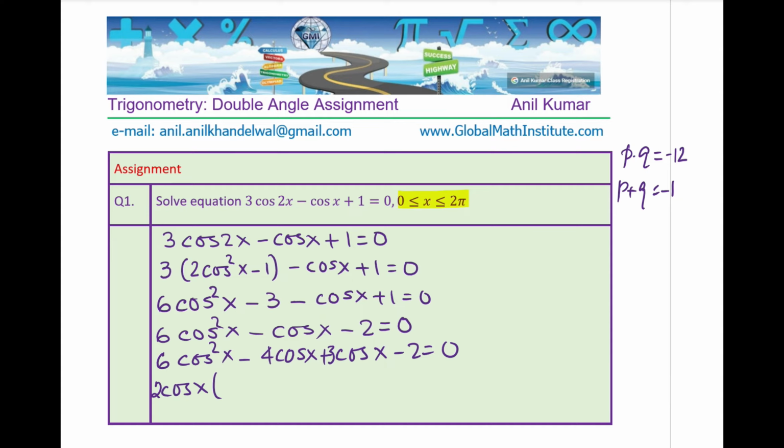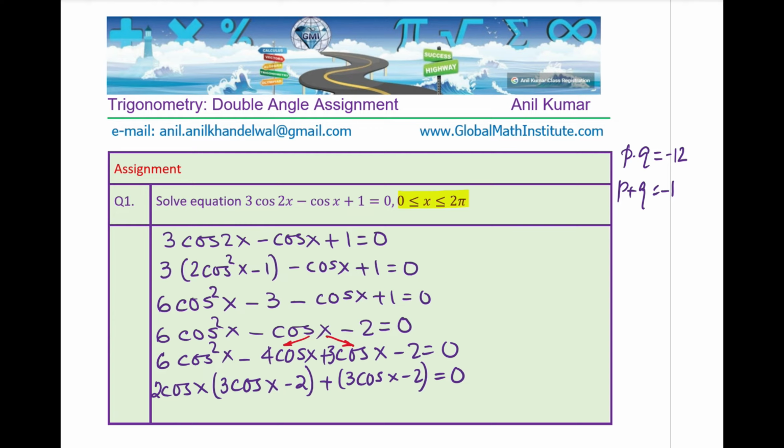Sorry. 4 plus 3 cos x minus 2. So from here, we get 3 cos x minus 2. And here we already have 3 cos x minus 2 equals to 0. So basically, we wrote minus cos x as minus 4 cos x and 3 plus 3 cos x. That gives us minus cos x. So you group factor them, correct?